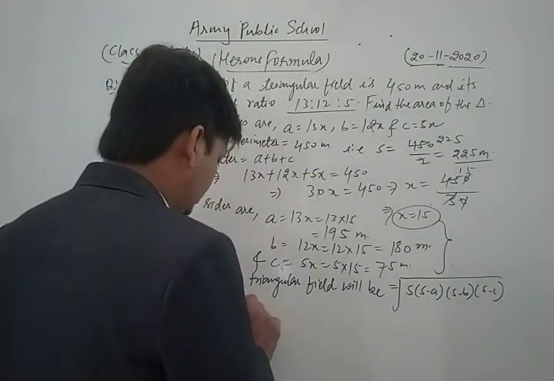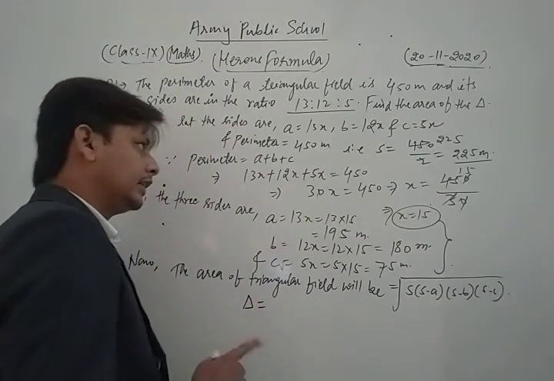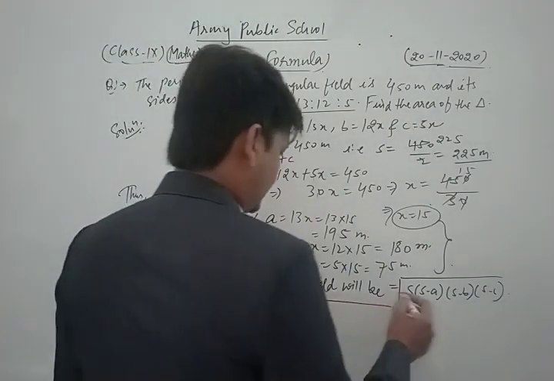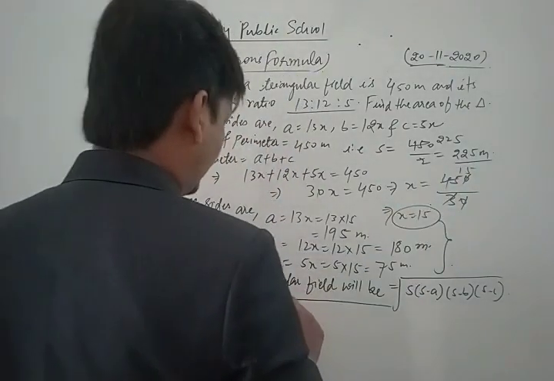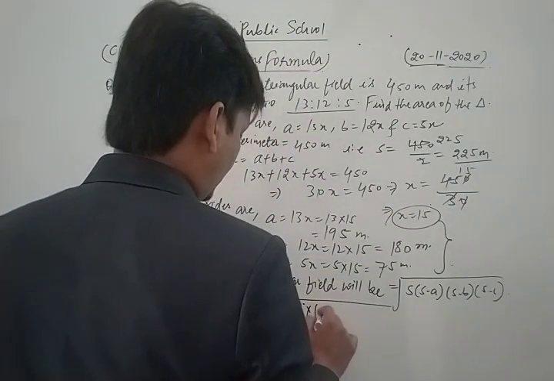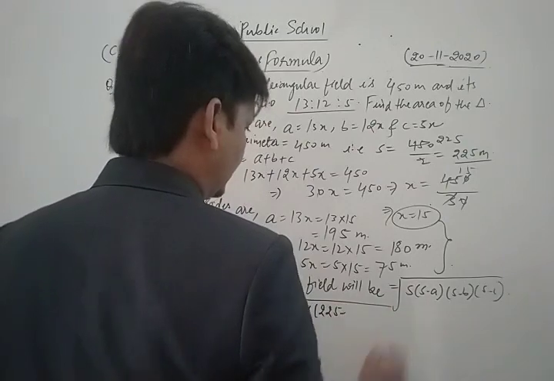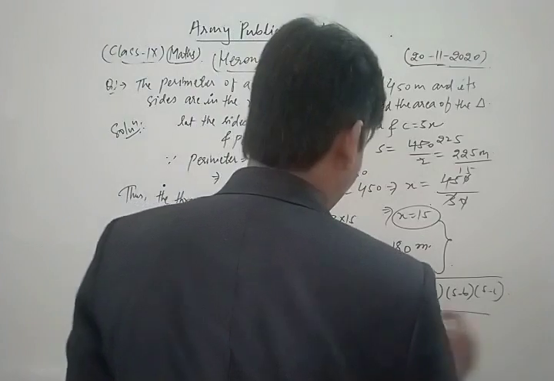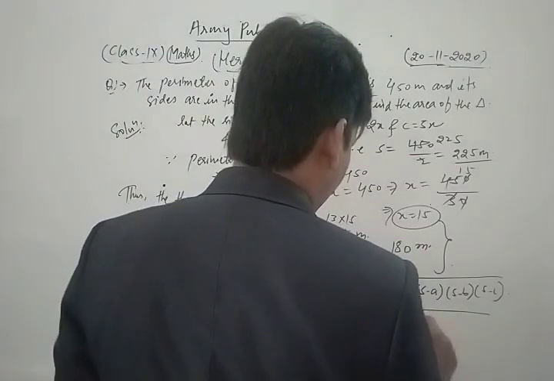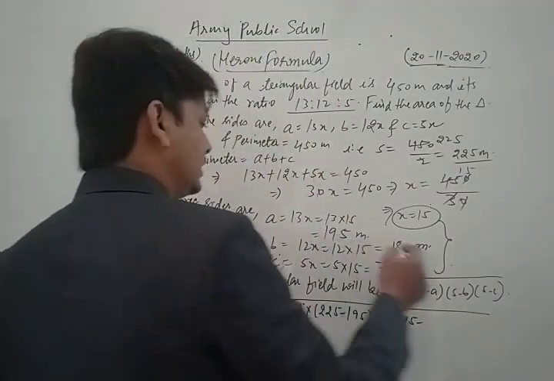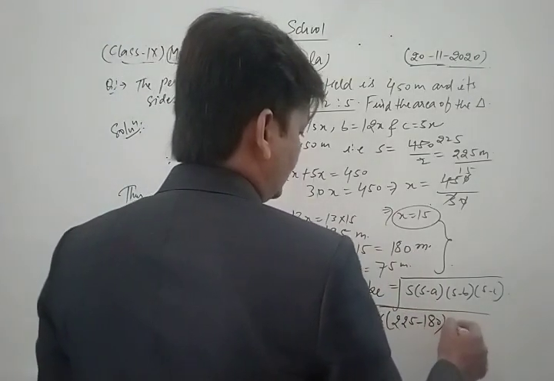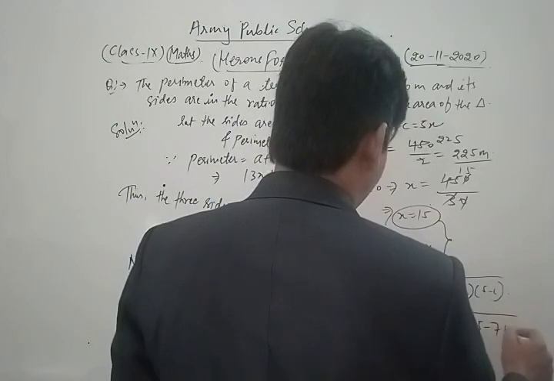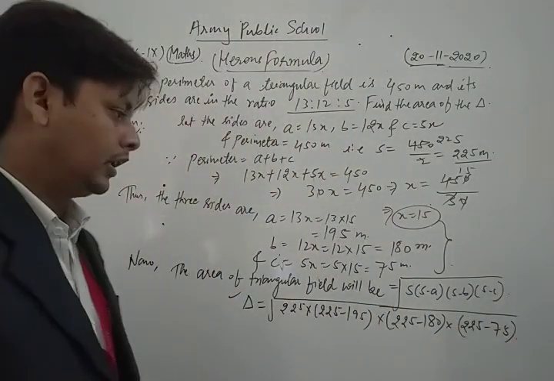The area of a triangle is also represented as delta. The value of S is 225, into 225 minus A, the value of A is 195, into 225 minus B, the value of the second side is 180, into 225 minus 75, the third one.